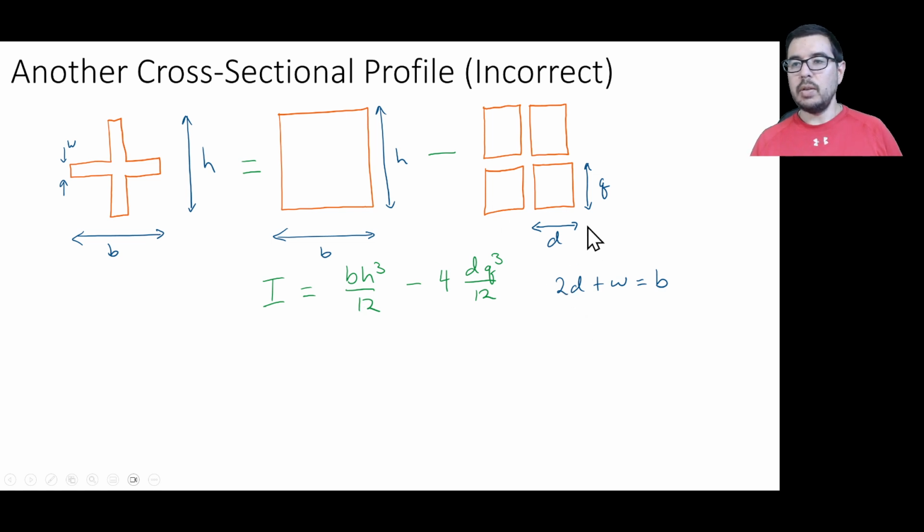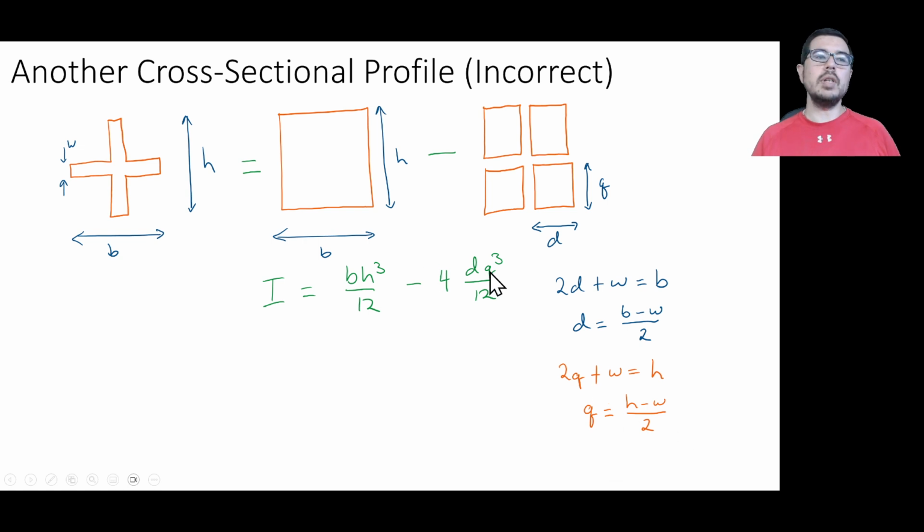So what are we talking about? We're saying the 2d, 2 of these plus whatever the width of that is, is going to be equal to b, and we can then say that d is equal to (b minus w) over 2. And we can also say that 2q plus w is equal to h, so q is equal to (h minus w) over 2. So we could be tempted to do this.